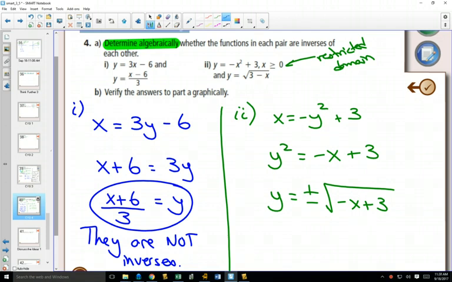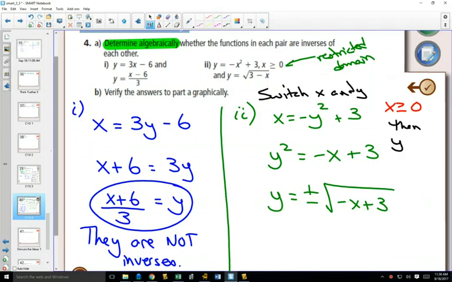If the x values are greater than 0, remember the number one thing with inverses is you switch x and y. So if the original has x is bigger than or equal to 0, then on the inverse, if I switch x and y, then y has to be bigger than or equal to 0.